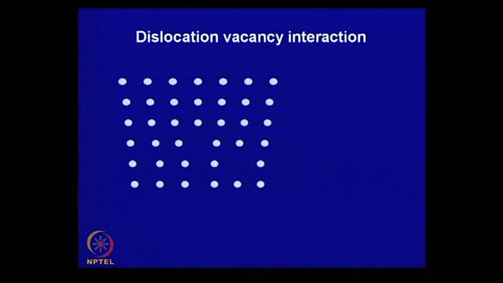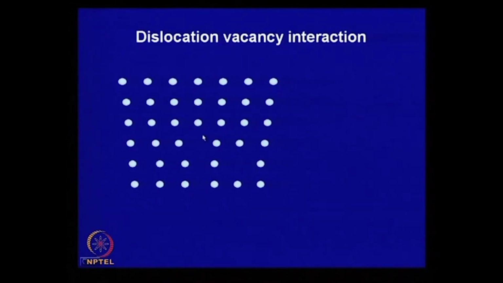We also know that crystals at any temperature will have some amount of vacant lattice sites. How will these vacancies interact with the edge dislocation shown here? We will try to show this edge dislocation and vacancy interaction.